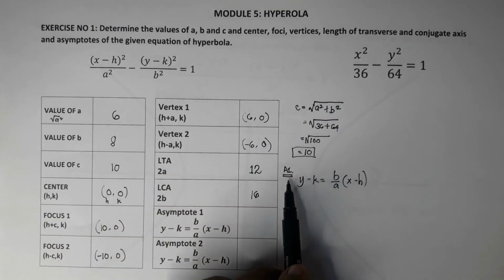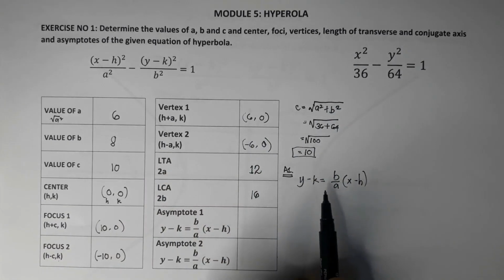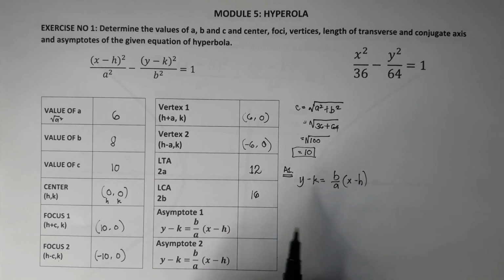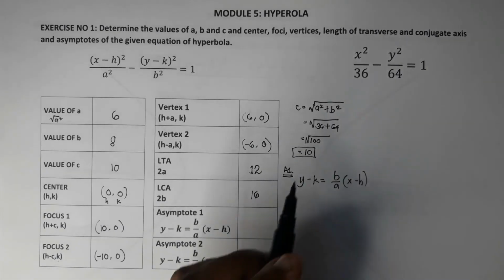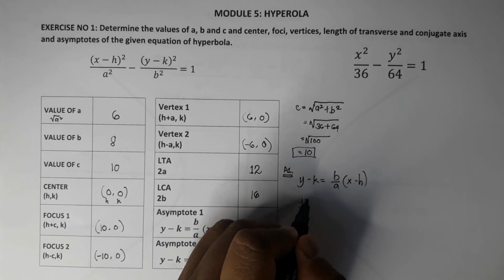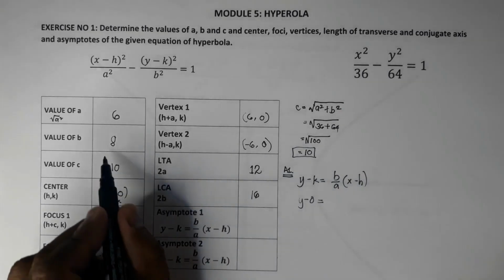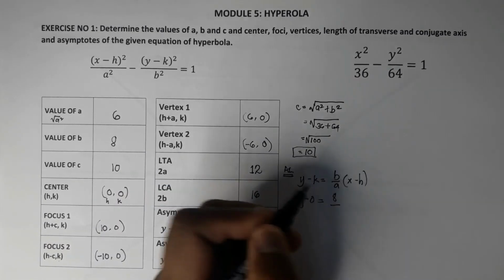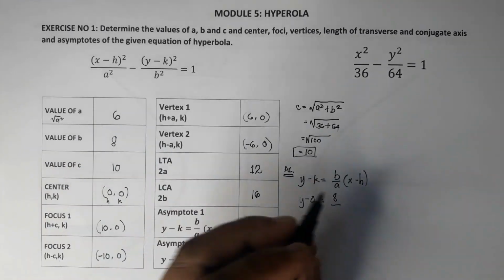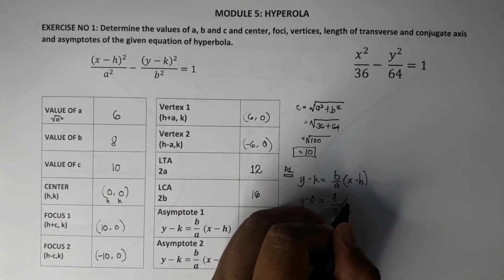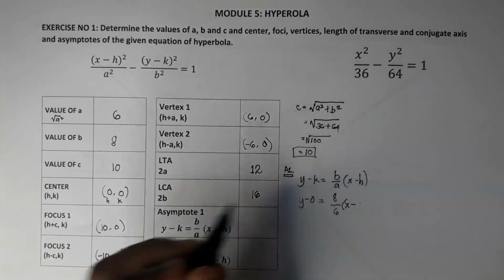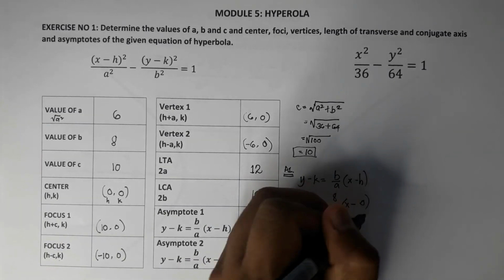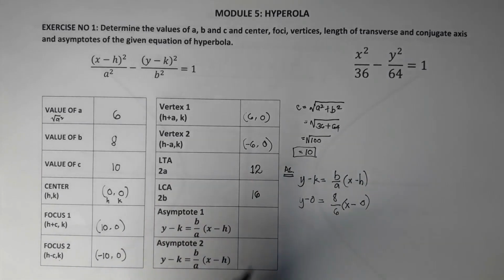So, our first asymptote, y minus k is equal to b over a, x minus h. So, ano ba yung k natin? 0. So, y minus 0 equals b, which is 8, over a, which is 6. Then, x minus h is x minus 0. Can you follow?